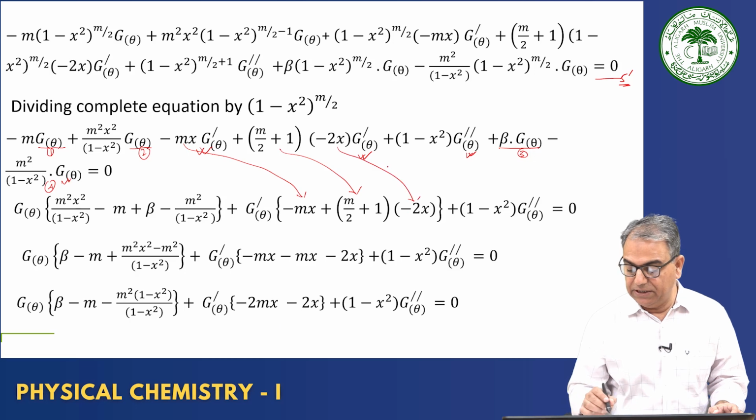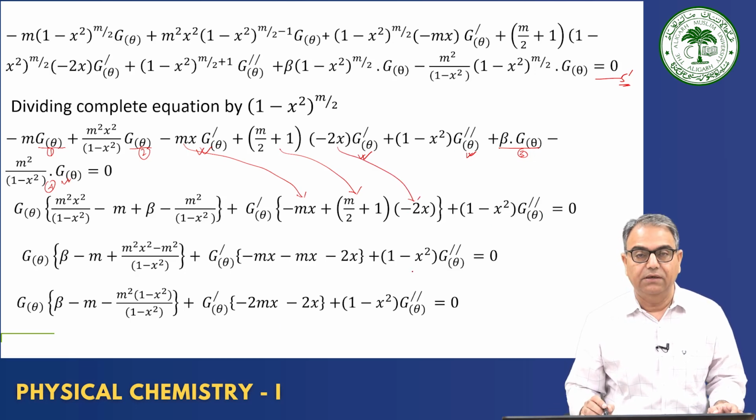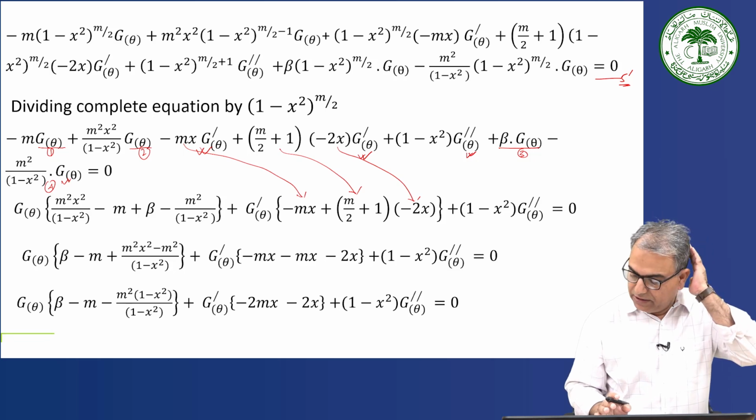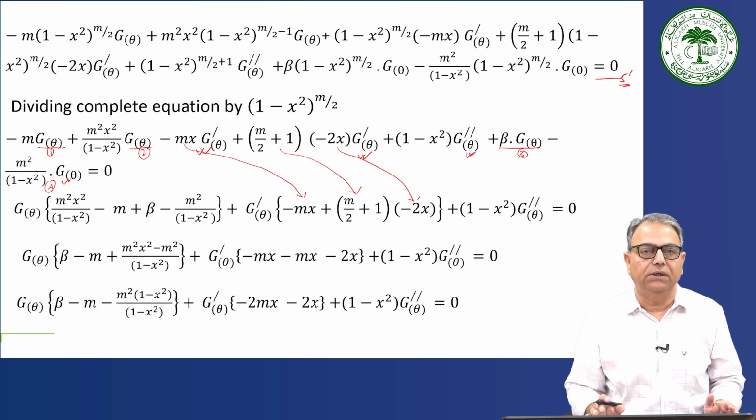And g double prime theta is only 1 term, that is 1 minus x square, so 1 minus x square times g double prime theta. Now it's a little smaller equation. The equation appears to be very big, but the concepts are very simple. So you start doing it on your pen and paper, and you will understand that these are very simple equations, except that it looks like a very big equation, but it is not big, not very difficult to understand.